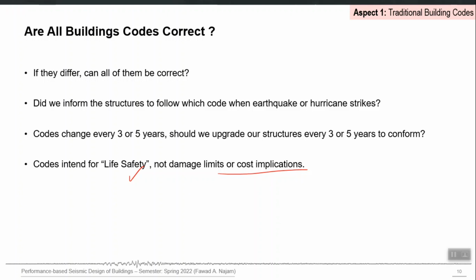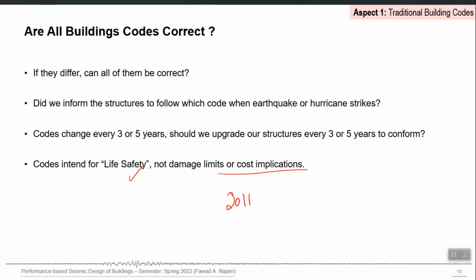For example, in the 2011 Christchurch earthquake in New Zealand, this is the classical example, please check that one on the internet, most of the city was structurally safe in that earthquake, but there were huge cost implications. Businesses were stopped, and there was significant downtime for several of the industrial buildings and commercial buildings, for example.